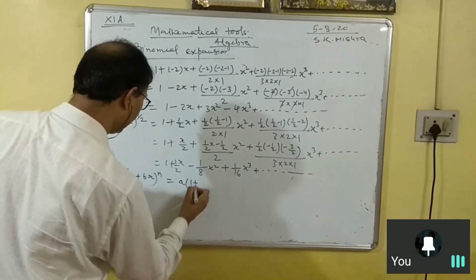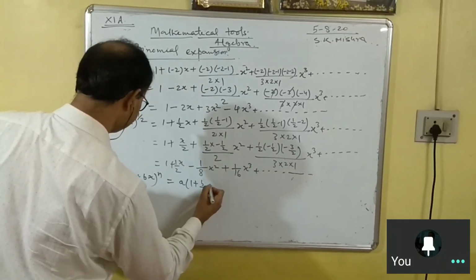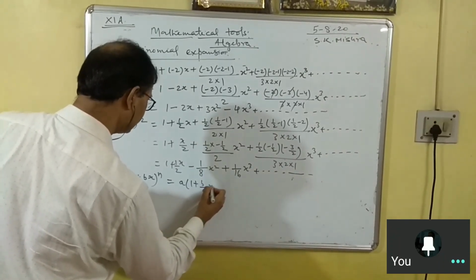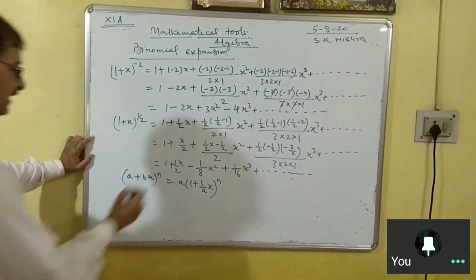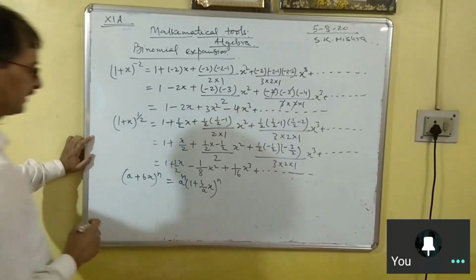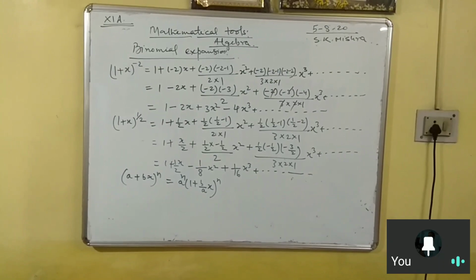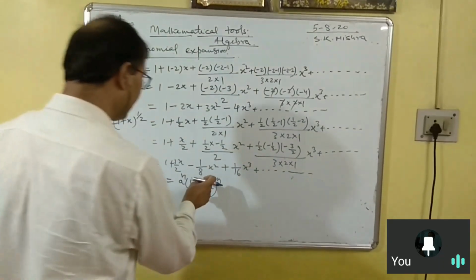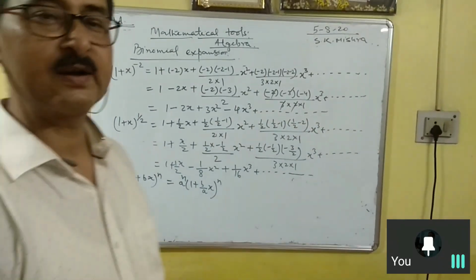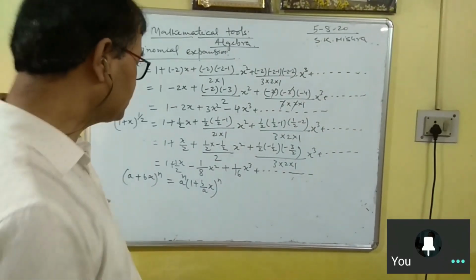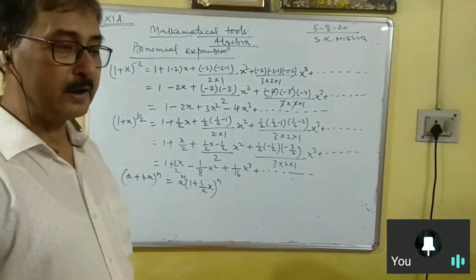So it is a raised to n into 1 plus b by a x raised to n. Then assume this whole term as x. 1 plus nx, 1 plus x raised to n. And then solve it by binomial expansion.